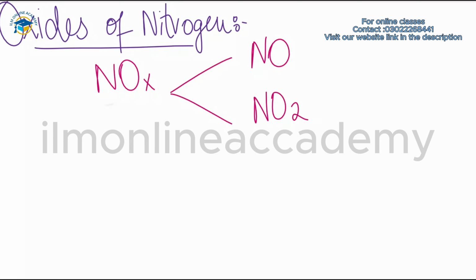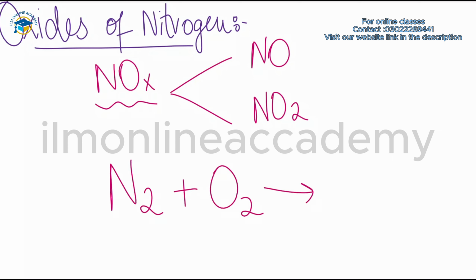That's why we give this general name to these oxides of nitrogen. Oxides of nitrogen form when nitrogen and oxygen from the air react at high temperature. When the temperature is very high, they react together and form nitrogen oxide. These reactions only happen at high temperature.